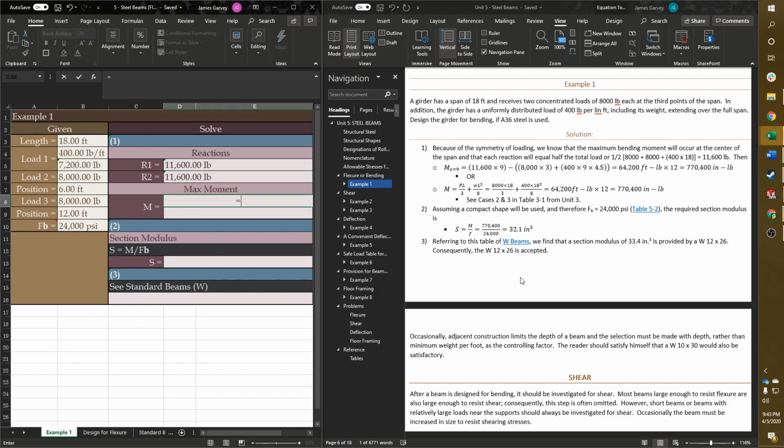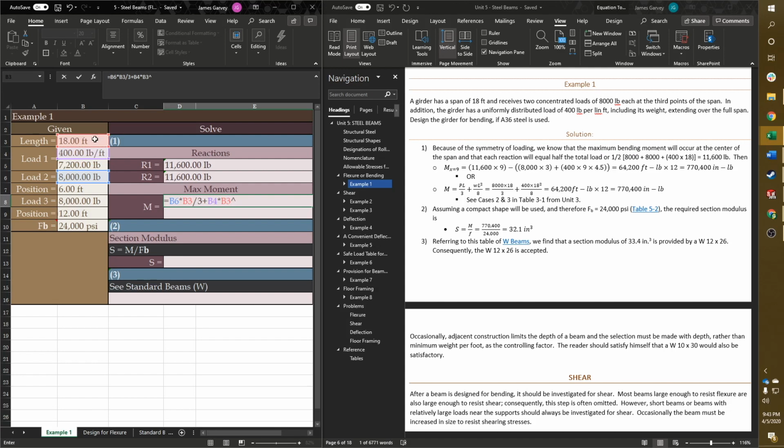I might have to reformat these cells. I'm going to take 8,000 times 18 divided by 3 plus 400 times 18 squared.